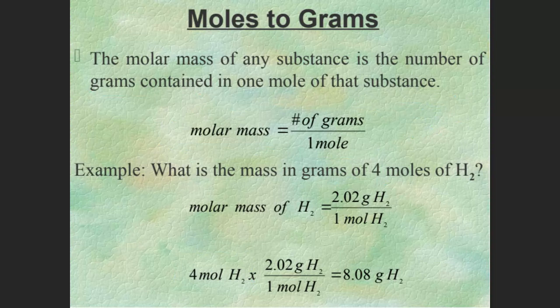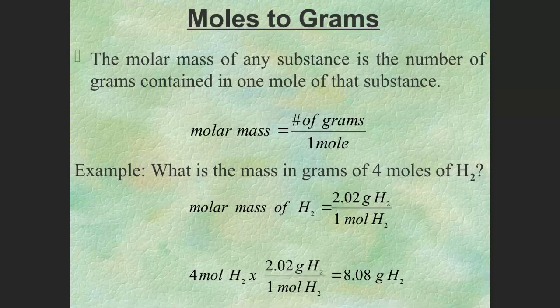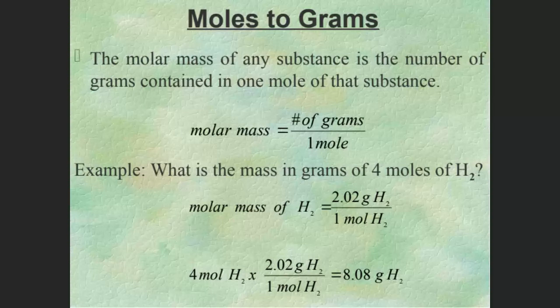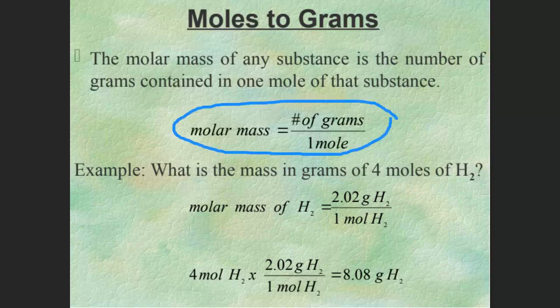We need to calculate for 1 mole, because we know 1 mole of any substance contains the amount of that atom that we have in the periodic table in grams, and it contains 6.022 times 10 to the 23 particles, atoms or molecules, whatever we say. So in that case, when we are going to convert moles to gram, we have to use this conversion factor. Now if I ask you, this is mole to gram.